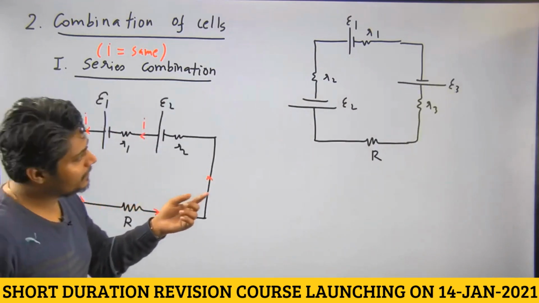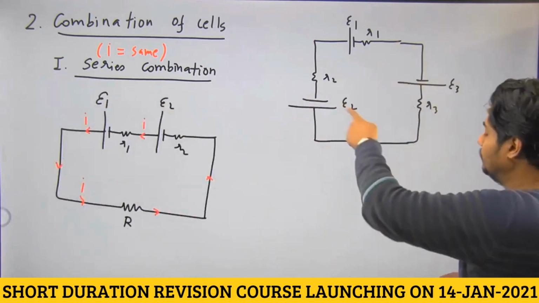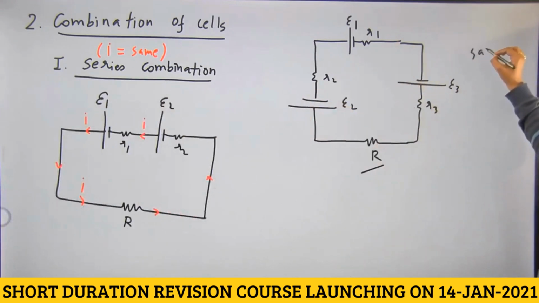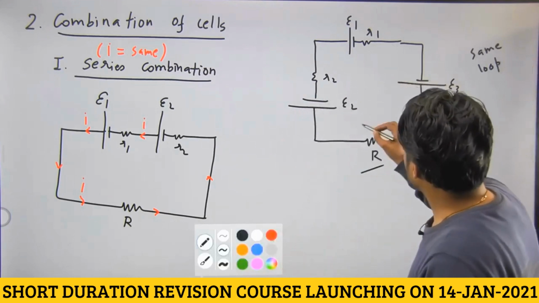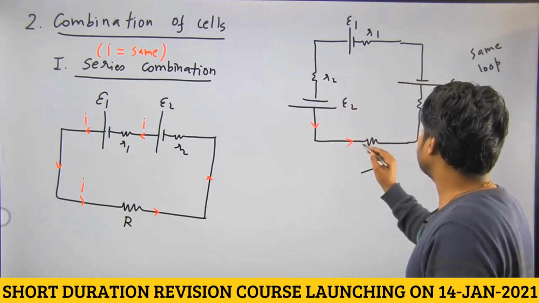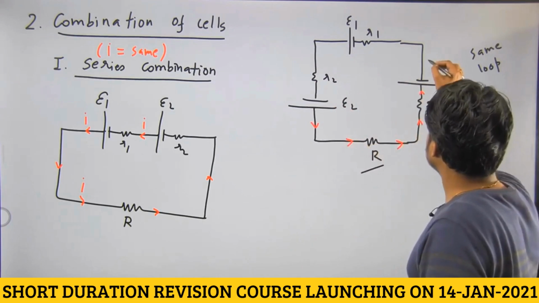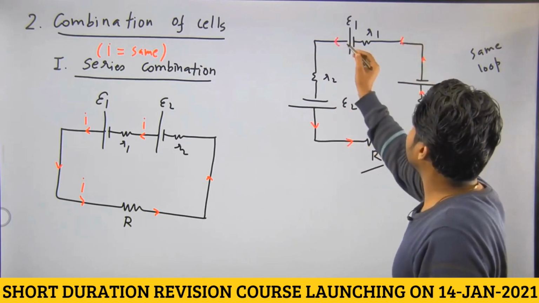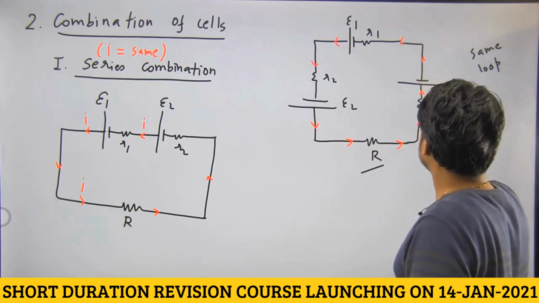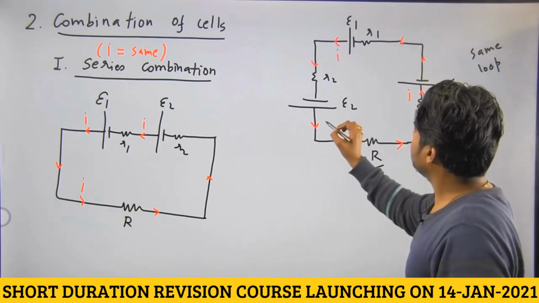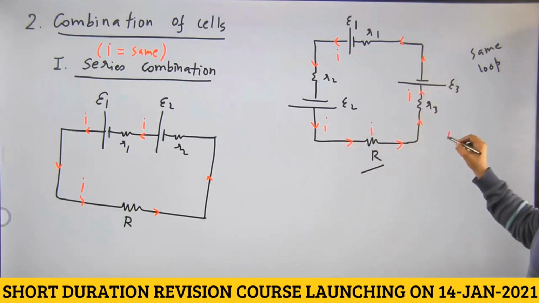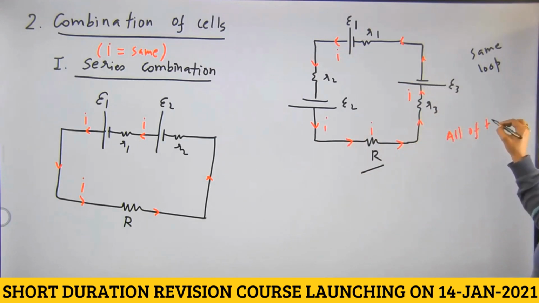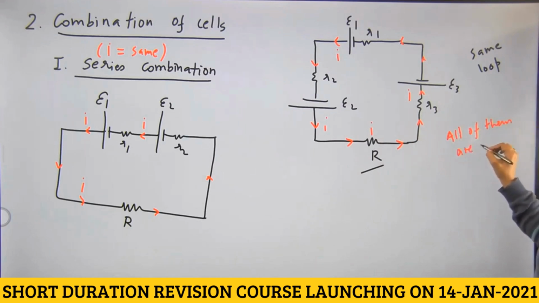So, my dear students, whenever all the batteries are connected in the same loop, we consider them as being in series. Because you can clearly see here, if I draw the current from here, the direction of current in this branch would look like this. I have just chosen an arbitrary direction. You can see that the current will be the same again. So, all of them are in series.